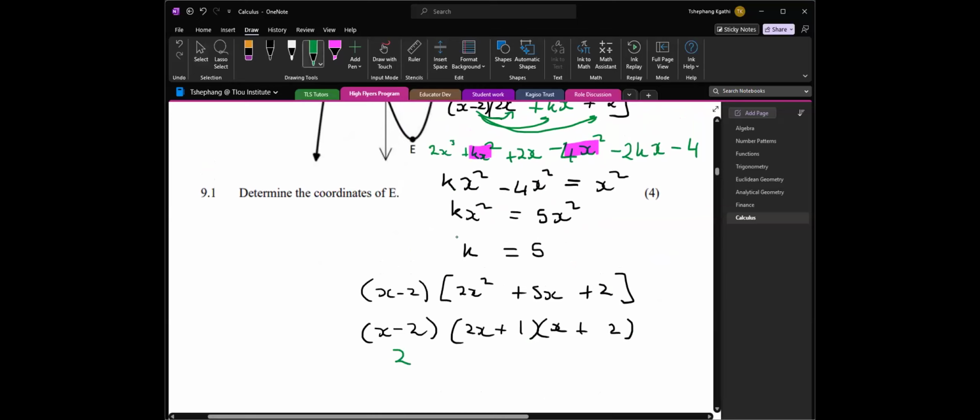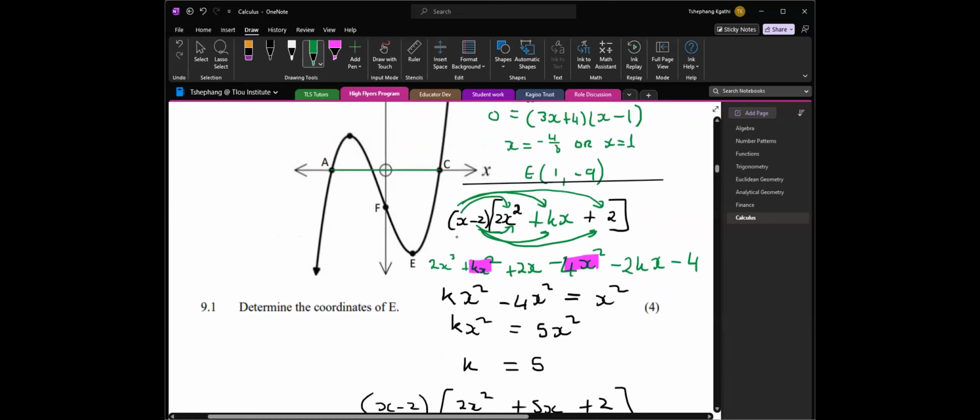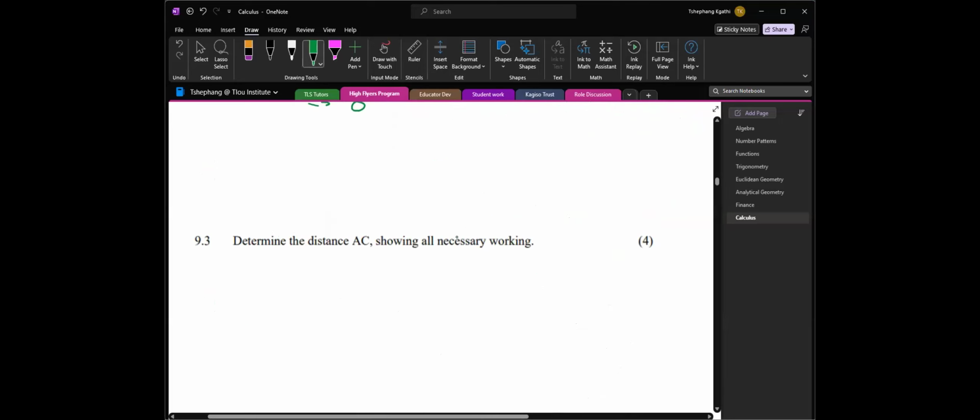So this is 2, this is negative 1 over 2, and minus 2. So which one is the minimum one? Minus 2. And the maximum one will simply be 2. So what is the distance? The distance is simply going to be 4 units.